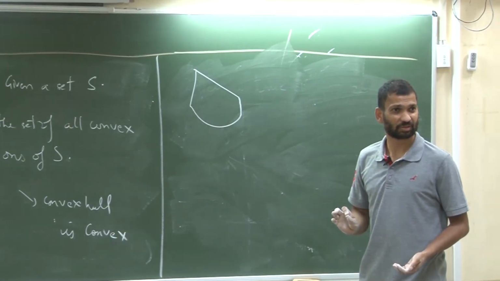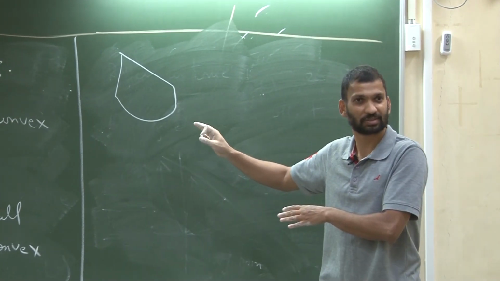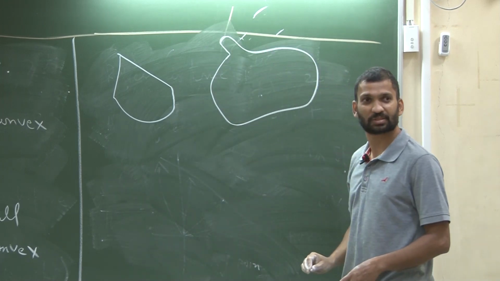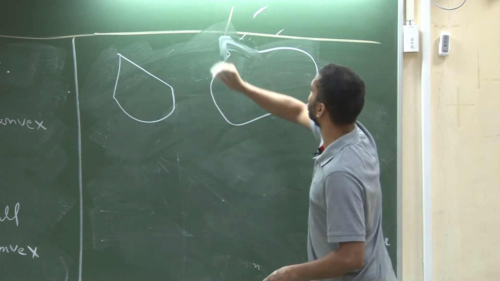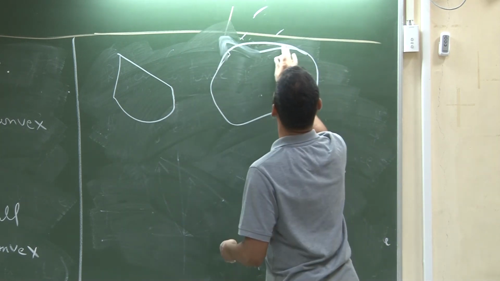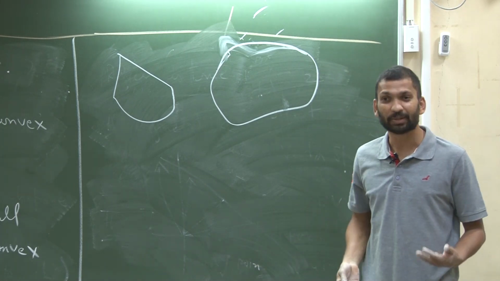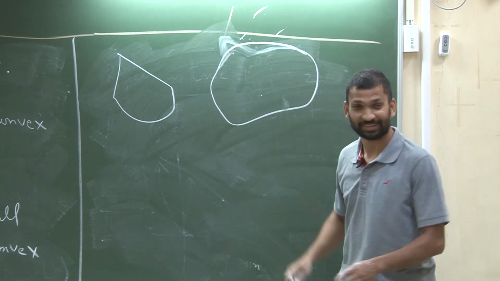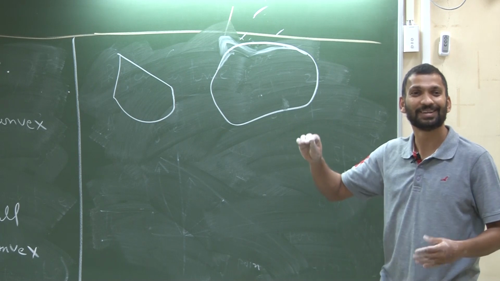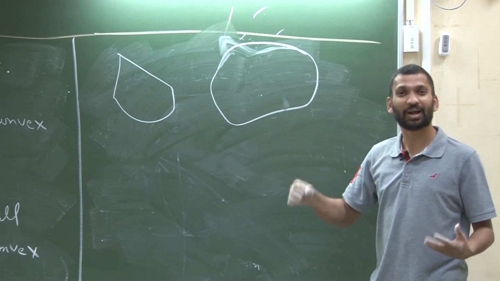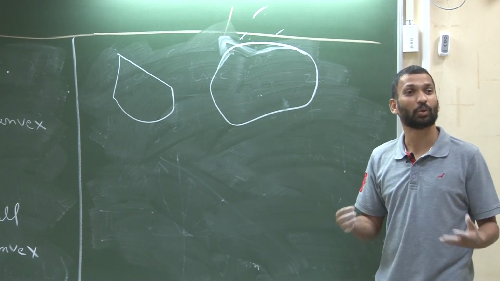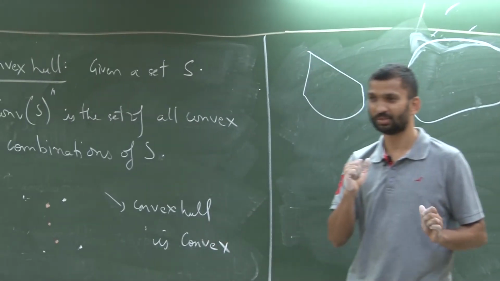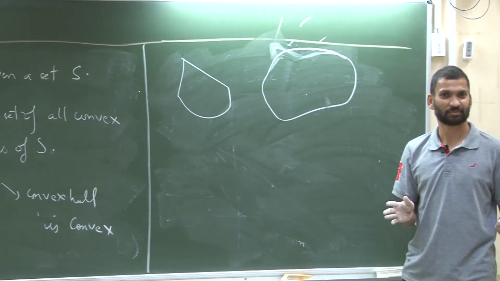This is convex, or at least the shape I intended to draw was convex. It is convex in my eyes. But it is very hard to describe if you want to describe it by equations. We will take the simpler task: we will talk about the convex hull of finitely many points, and that is going to be reasonable enough.